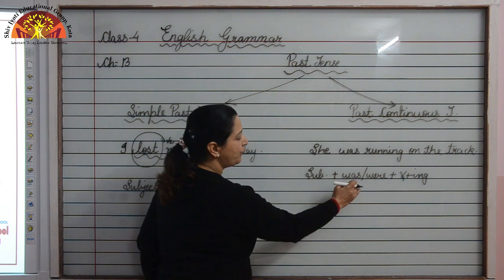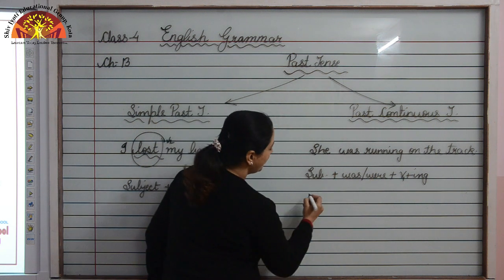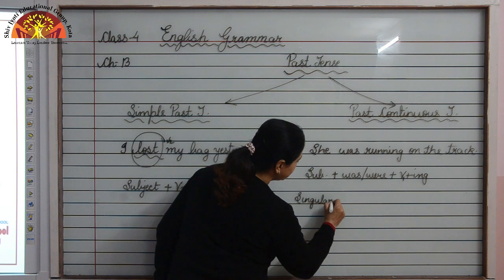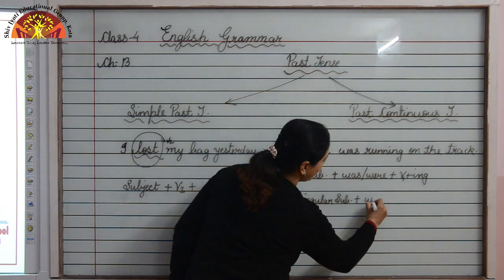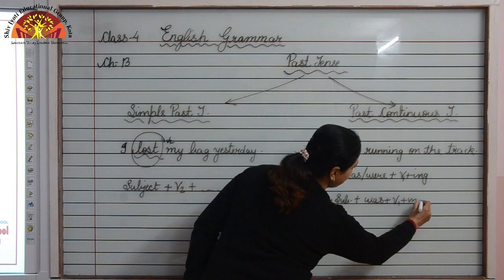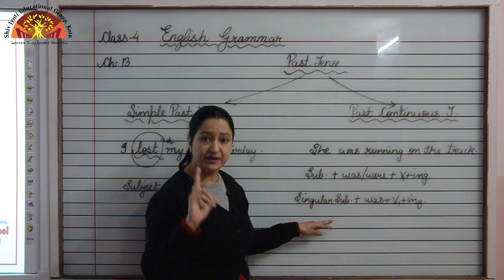Okay, now when to use was and when to use were. Whenever your subject is singular, with singular subject, you will use was plus verb plus ing for past continuous tense. Remember that.